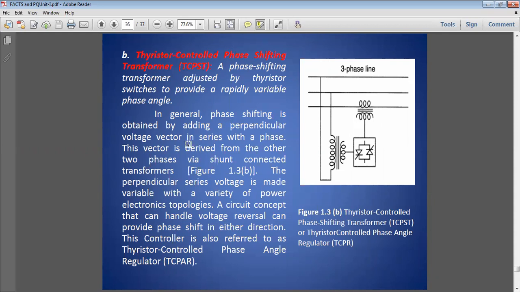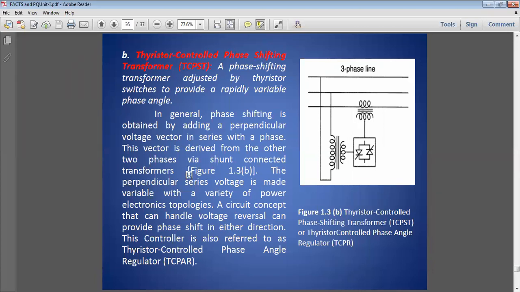In general, phase shifting is obtained by adding a perpendicular voltage vector in series with the phase. So what we are doing is adding a perpendicular vector to the existing voltage. The vector is derived from the other two phases via a shunt connected transformer. So we connect a shunt transformer, and with its help we add a perpendicular voltage to the phase voltage, isn't it?